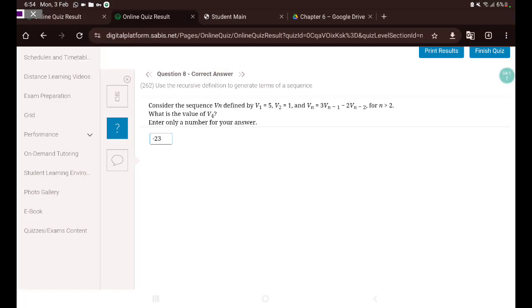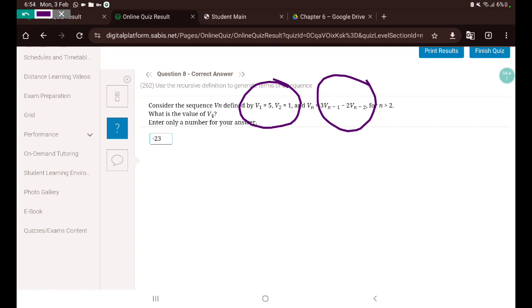For this question, another simple one, if you see this type of question in the exam, you have to check these things, what they gave you, and this equation here. Here they gave us v1 is 5 and v2 is 1. They want to find v4.